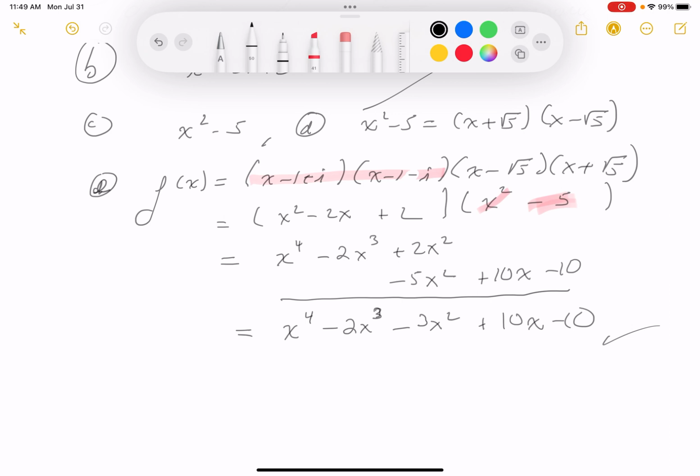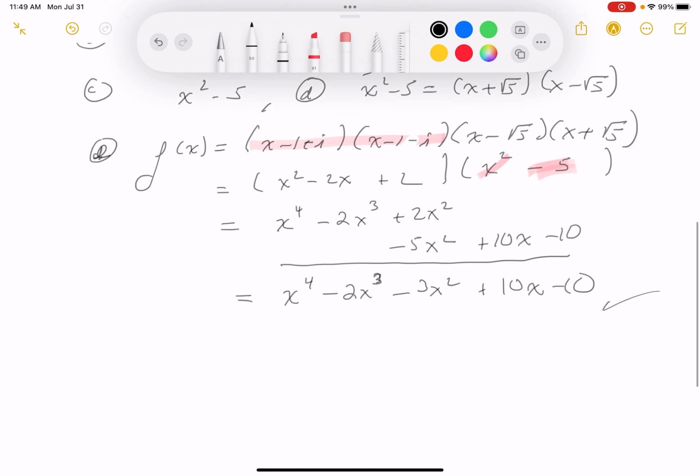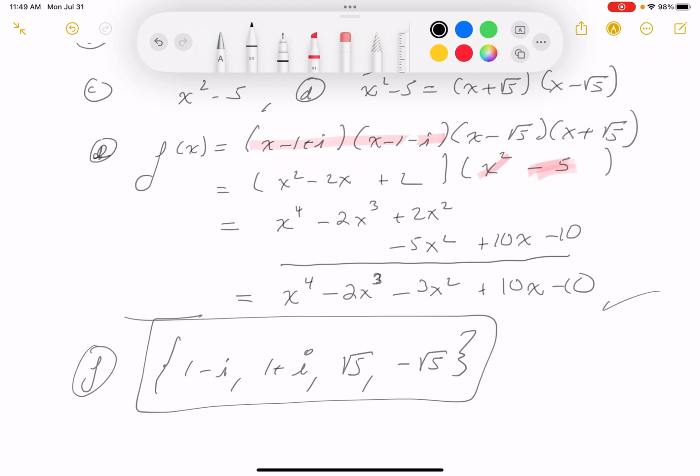Yeah, that's E. Let me go to F. List all the roots. All right, I'm going to put them down now. And it's going to be 1 minus i, 1 plus i, root 5, minus root 5. And I think I'm done.